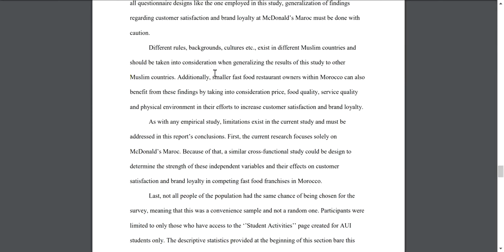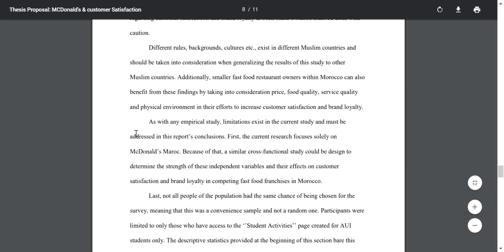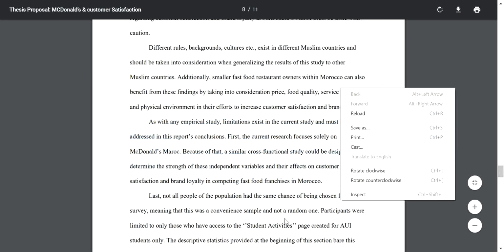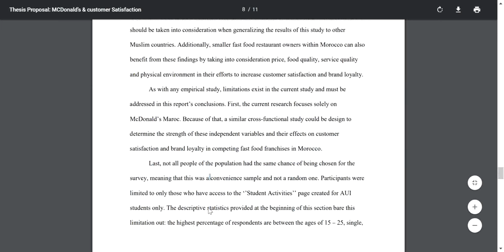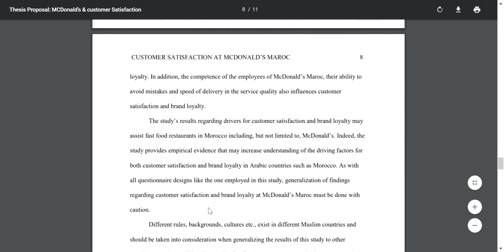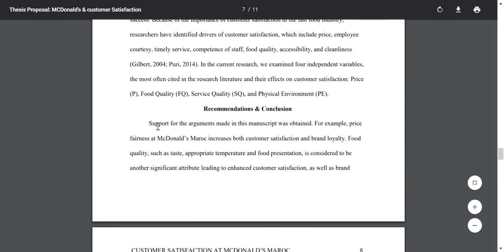It is not perfect. You're not going to have some discussion of limitations or about the population that you chose to sample and so forth. So some of this stuff isn't going to apply, but it does have some of the information that you need.